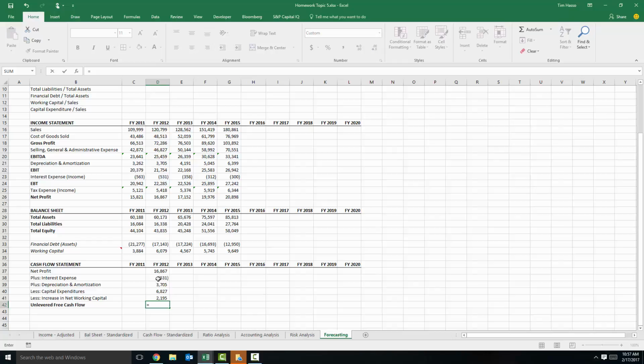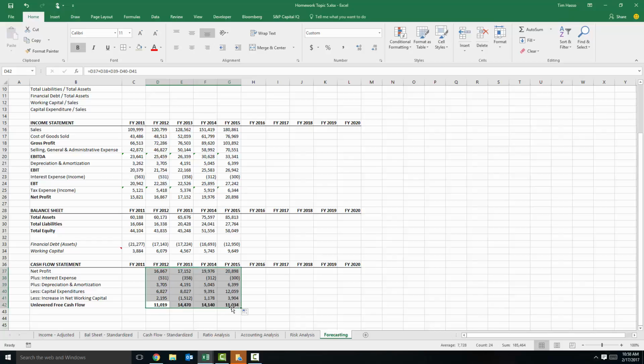So we're going to take net profit plus interest expense plus depreciation and amortization minus capital expenditure minus increase in net working capital. Press enter and you get 11,019. Again, you can drag this to the right and so on. So this essentially finalizes this section.